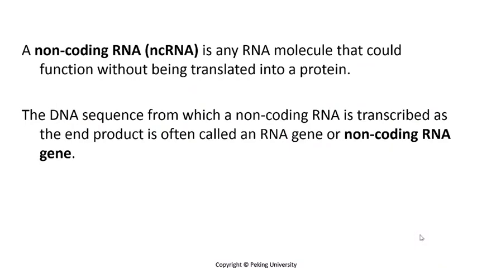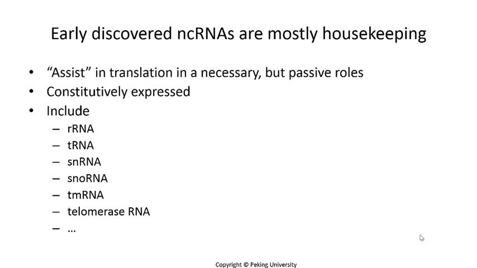The non-coding RNA refers to the RNA molecule that can exercise its biological function in the form of RNA with no need of translation. The corresponding DNA region in the genome is often called a non-coding RNA gene, or RNA gene for short. The ribosomal RNAs and tRNAs discovered in early studies serve the maintenance of basic metabolic processes in cells.